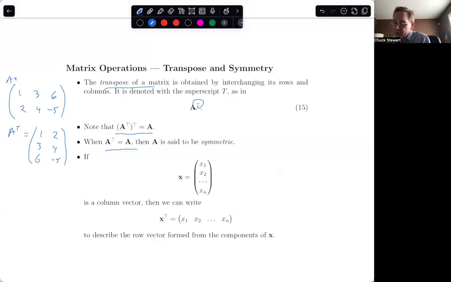So for example, if it's 1, 7, minus 3, 2, 4, 0, then it would be 0, minus 3, 7.